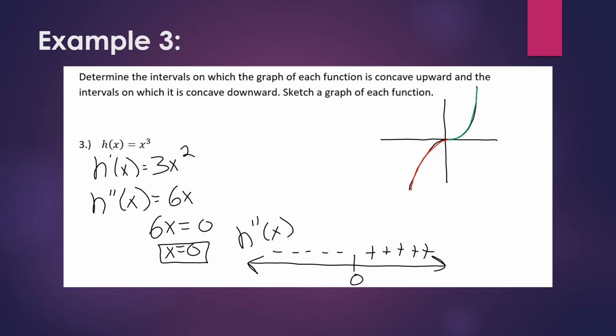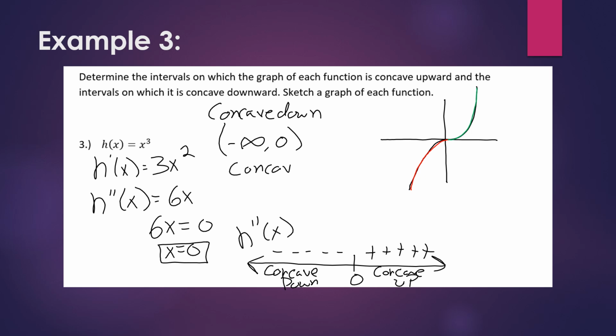Here is my concave down, and here is my concave up. We can put this in official notation: concave down on the interval negative infinity to 0, concave up from 0 to infinity.